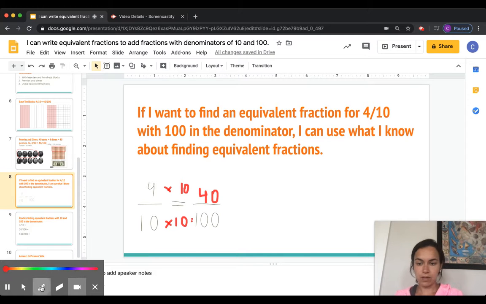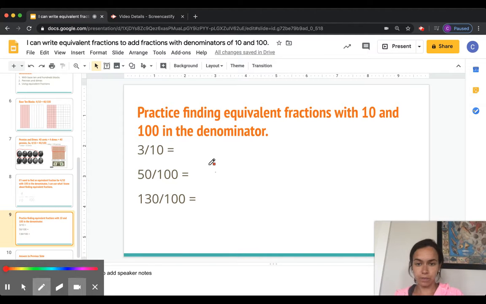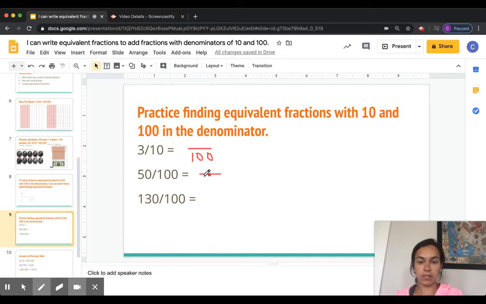Let's see. For your next slide, I want you guys to practice finding the equivalent fractions with 10 and 100 in your denominator. So I'm going to find the equivalent fraction: 3 out of 10 equals what out of 100? I want to know, 50 out of 100 equals what out of 10?